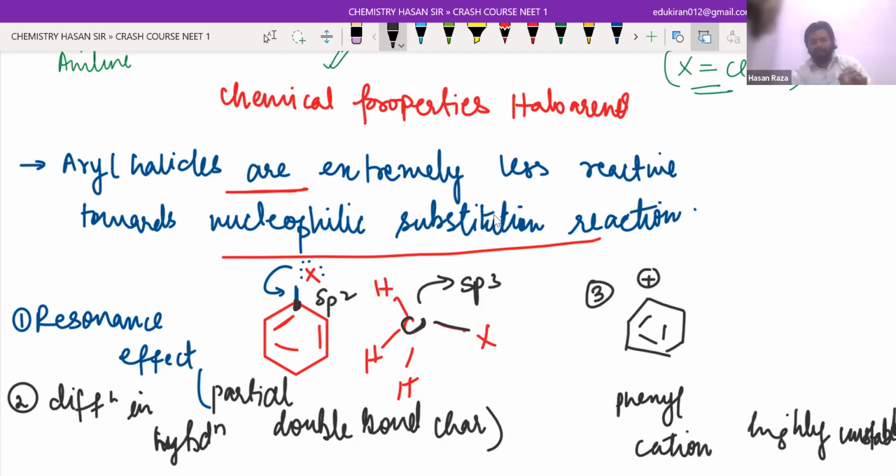That's why haloarenes or aryl halide does not favor nucleophilic substitution reaction. If you want to do nucleophilic substitution reaction in haloarenes, then you are going to have a very drastic condition. That means temperature and pressure should be exceptionally very high. Is that clear?